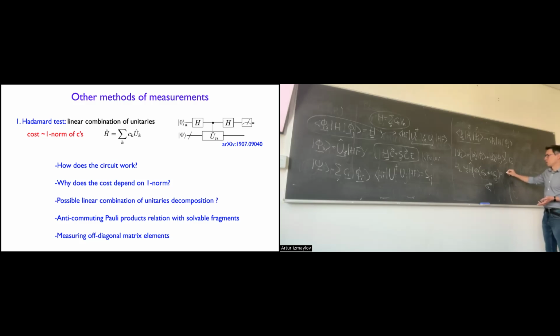One Hermitian is going to be, let's say, H_L1, plus i times H_L2, right? And then H_L1 is H tensor product with sigma x, and H_L2 is just H with sigma y, right?